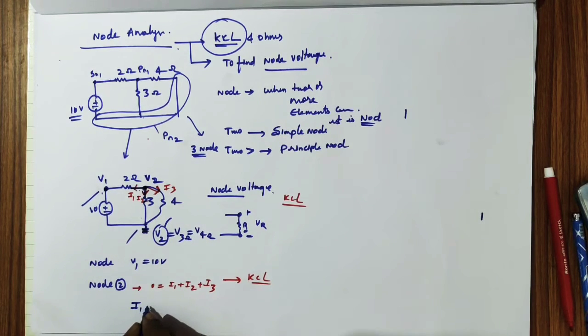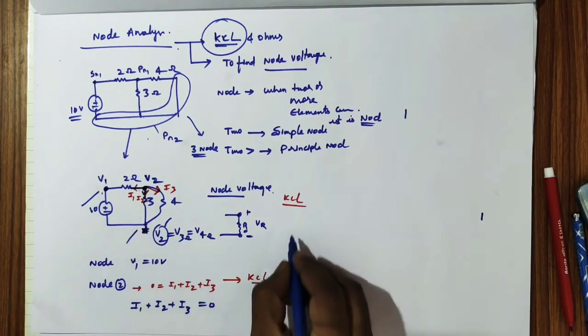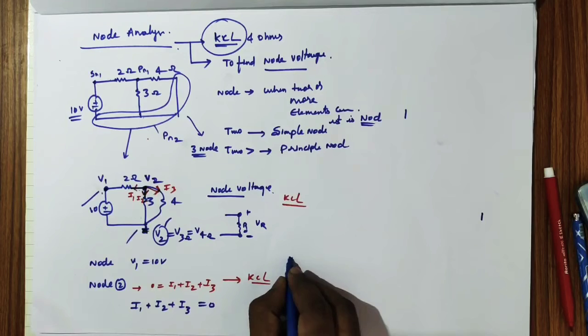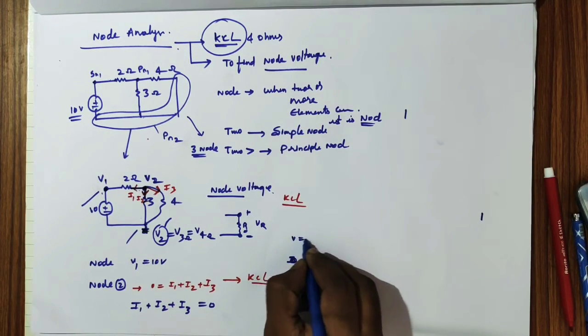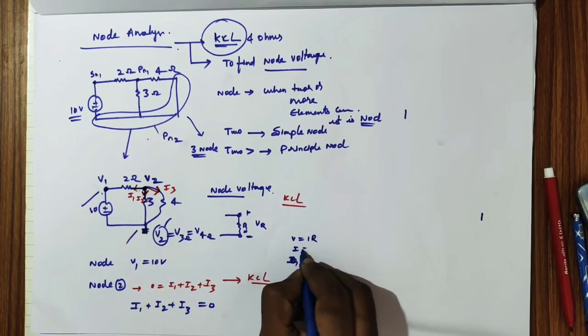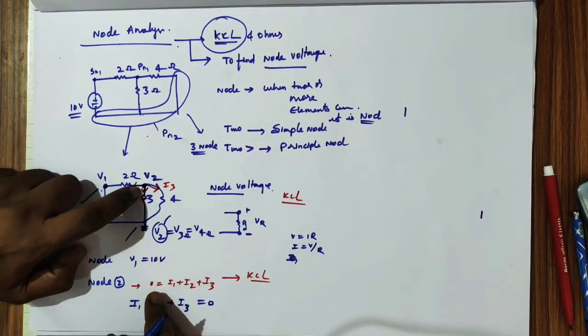So let us take the same equation in this fashion. What is I1? If you want to find current, V equals IR, so I equals V by R. Current is flowing through this branch.